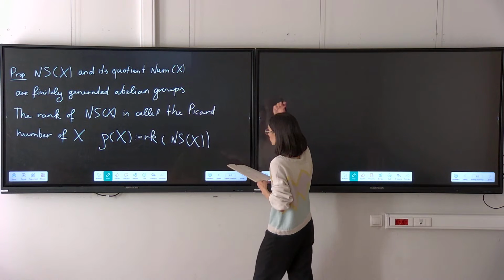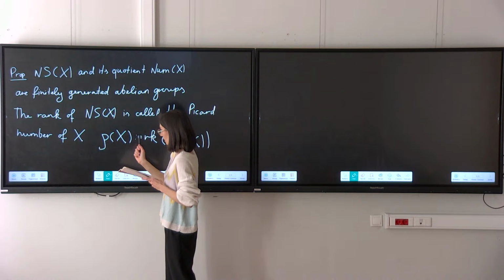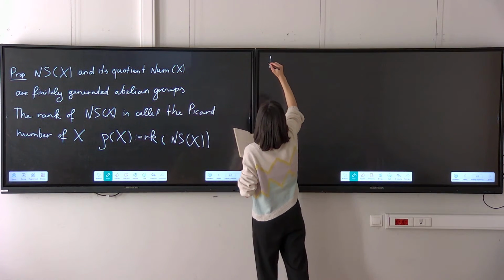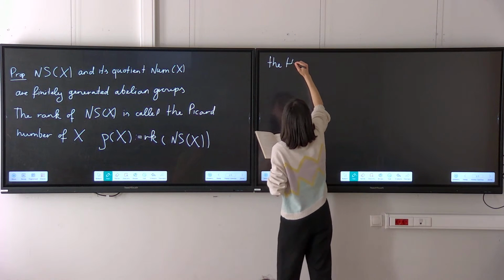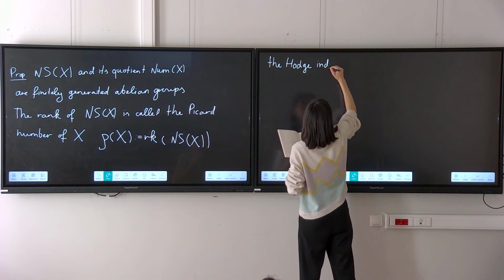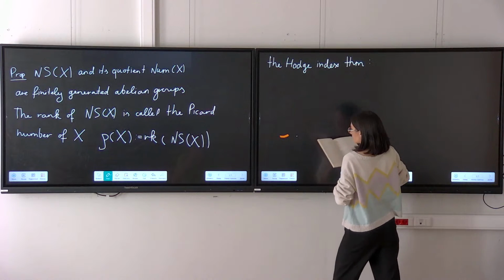And to explain something about the intersection form on them, we will need the Hodge index theorem.